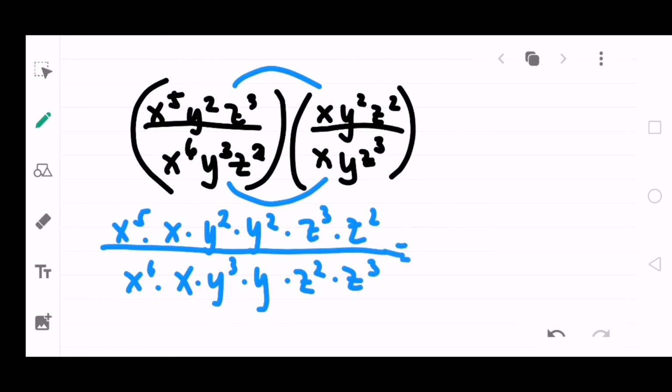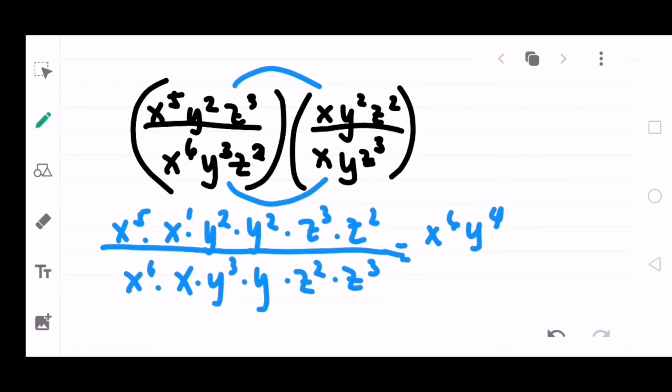Now for x, since this is 5 and this is 1, 5 plus 1 will give us 6. So x raised to 6. While for y raised to 2 times y raised to 2, that will give us y raised to 4. No need to put the multiplication symbol here, so it's understood that the operation in between the two variables is multiplication.